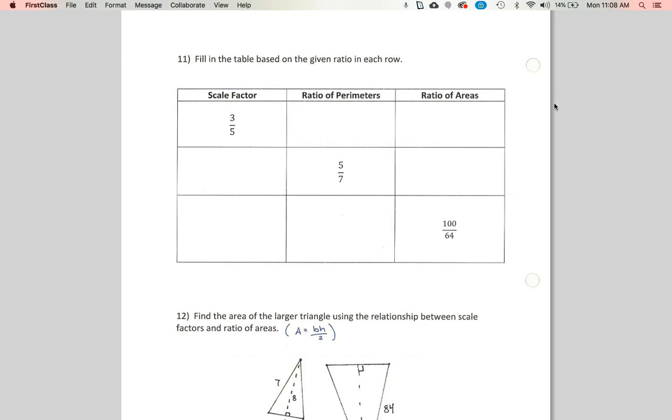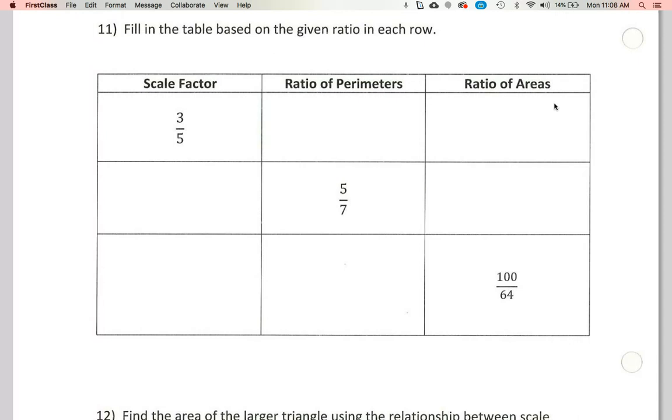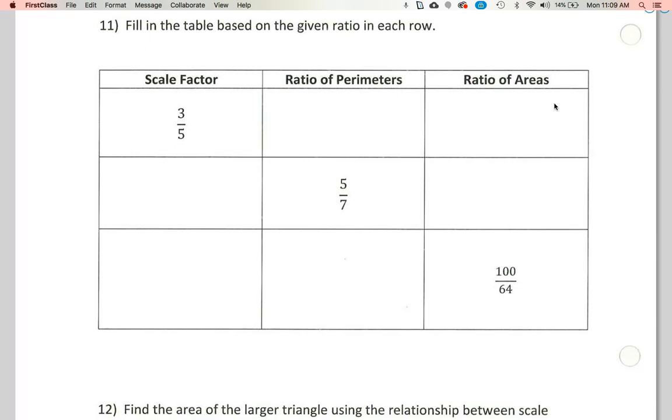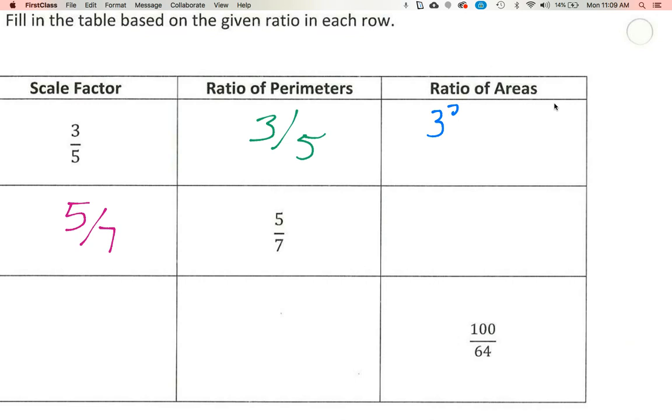All right, number 11. So this comes from 4.4. So how does a scale factor relate to the ratio of perimeters, and how does the scale factor relate to the ratio of areas? Well, scale factor and the ratio of the perimeters are always the same thing. So these two columns are going to be the same. The ratio of areas, however, we have to square that.